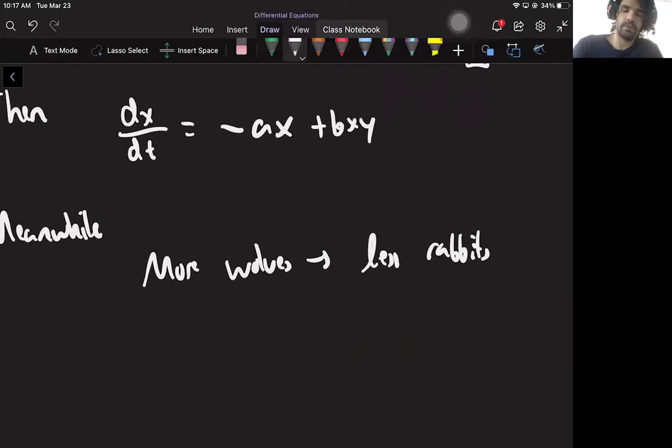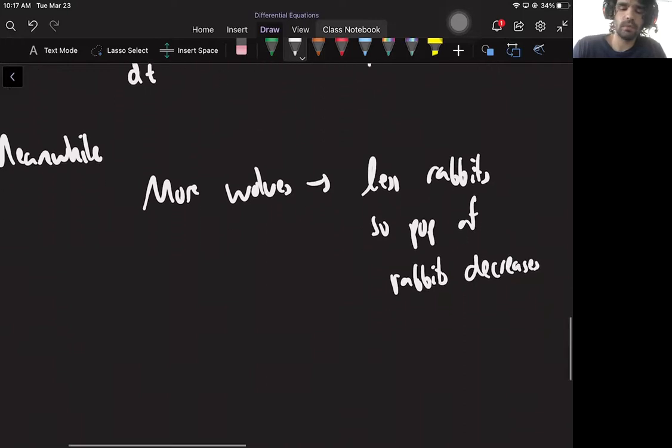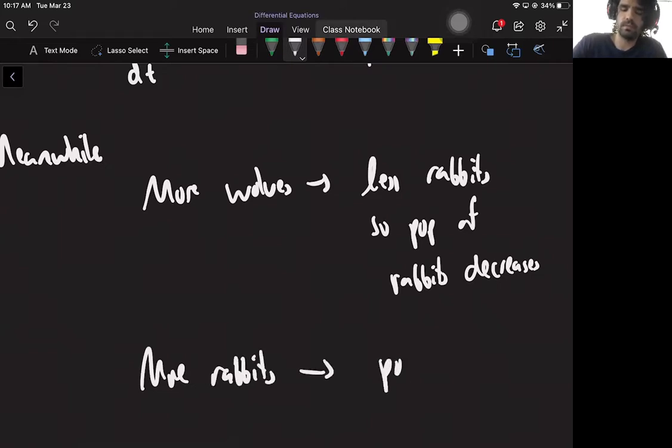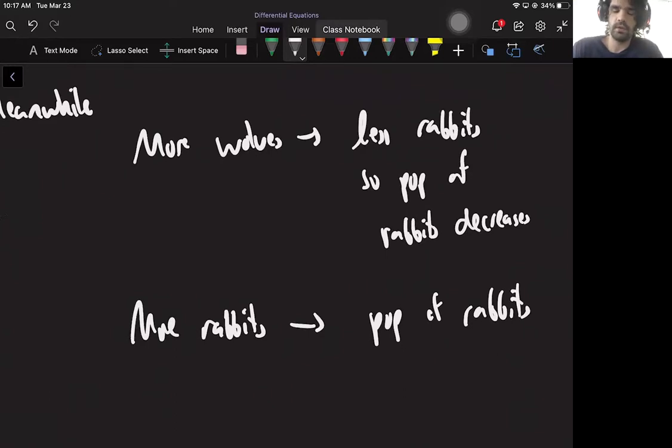So the population of rabbits should be going down, aka the derivative should be negative here. And then if there's more rabbits, well, they can just breed and make more rabbits. We're assuming that they have an infinite amount of food. So that the more there are, the more they can breed, the more rabbits you get. So the derivative is positive here.